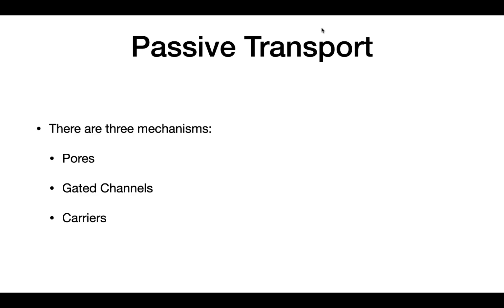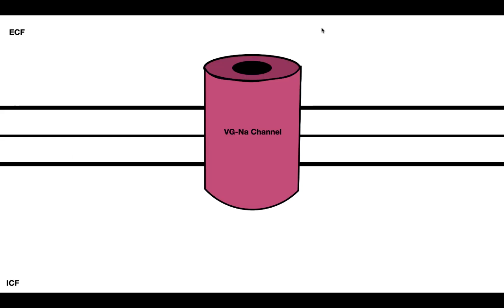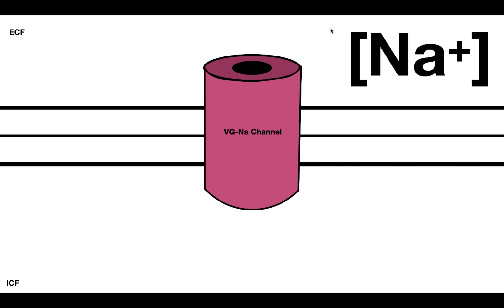The next mechanism of passive transport is going to be through gated channels. Now there are two types of gated channels. The first are voltage gated and the second are ligand gated. Voltage gated sodium channels are a great example of voltage gated channels. In the cell, we have a lower sodium concentration than outside the cell.